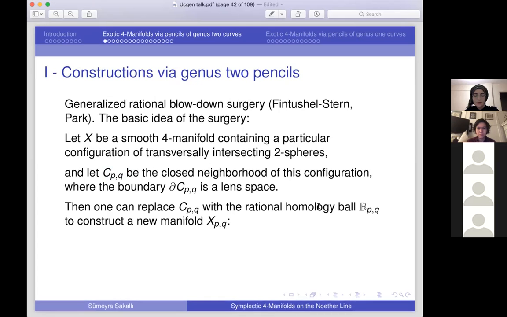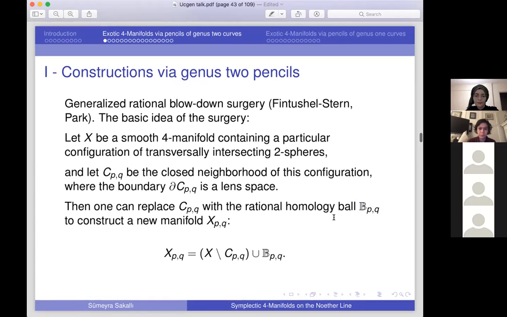And then under certain conditions, you can take out that configuration, and then you can replace that with another 4-manifold having the same boundary. And when we do this replacement, we get another new smooth manifold. And this is the operation. So from X, we take out that configuration of spheres, and we replace that by another 4-manifold.